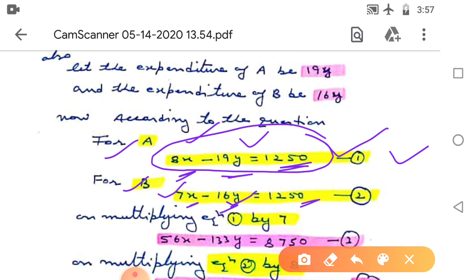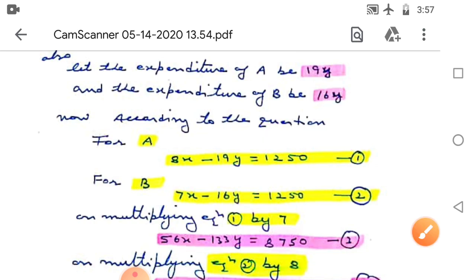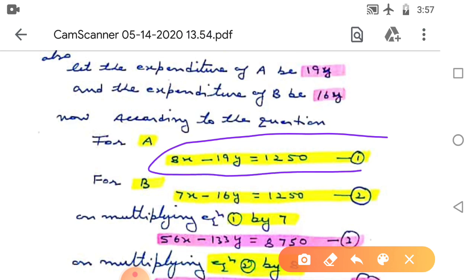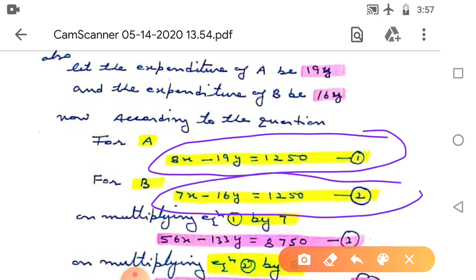Saving is the same in both the cases. Clear? So in front of you have two equations: 8x minus 19y is equal to 1250 and the second equation is 7x minus 16y is equal to 1250. Right? So we need to solve these two equations.